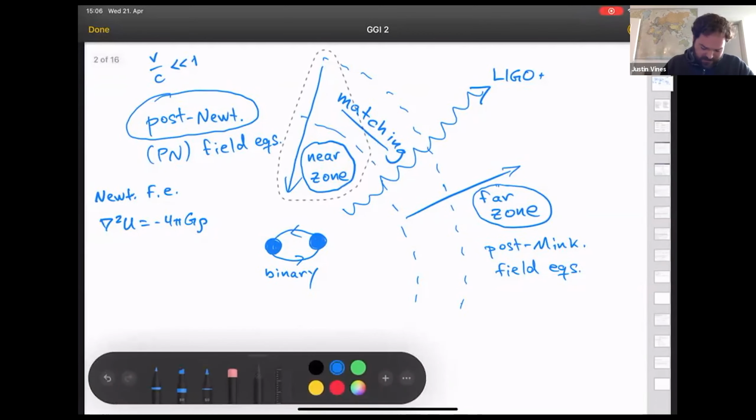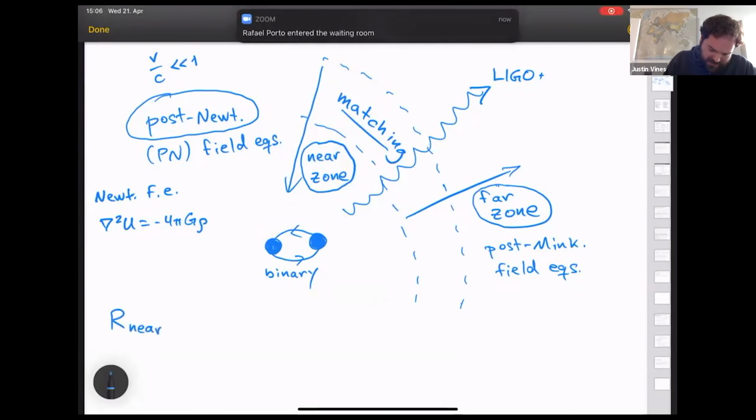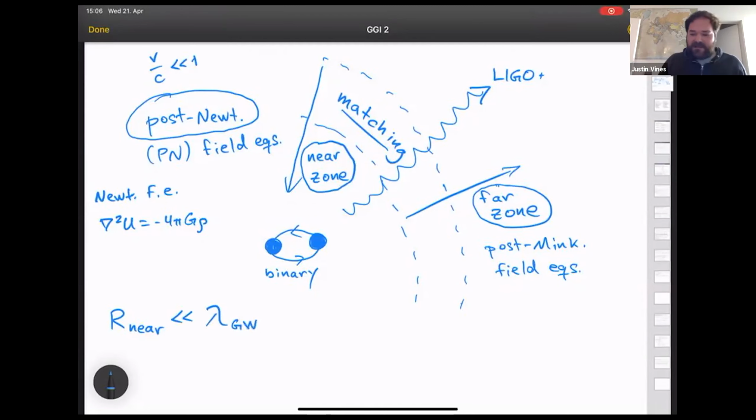And let me get a bit more specific about why. How big can this near zone be if we're going to describe physics at least being close to instantaneous action at a distance? Well, the size of the system where we're solving these instantaneous-like field equations has to be much less than a wavelength of gravitational waves, let's say.